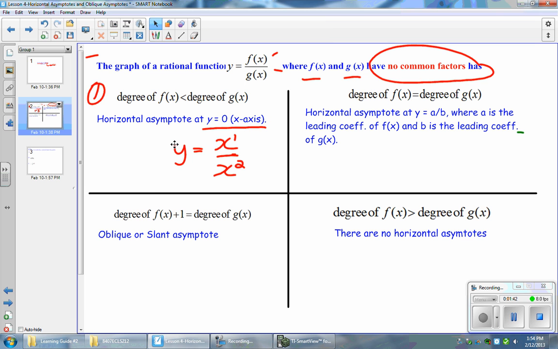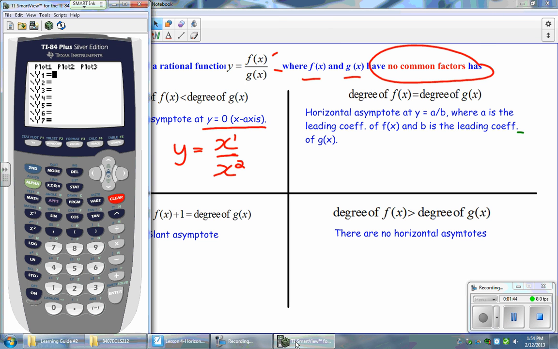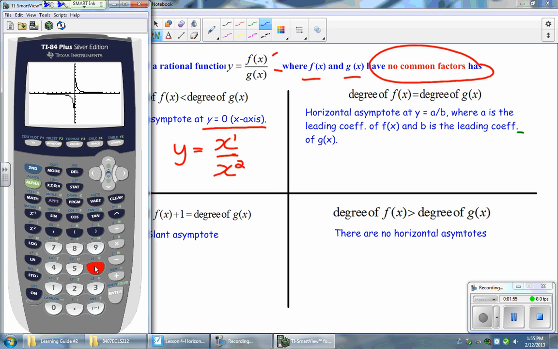Let's observe the graph using zoom 6 standard. Notice that there is a horizontal asymptote located right along the x-axis. That is the line that the graph approaches, but doesn't touch. That's the first scenario.